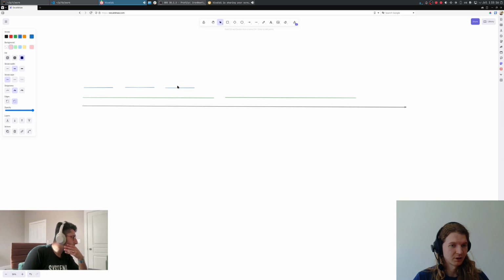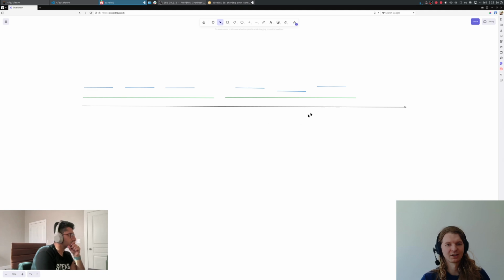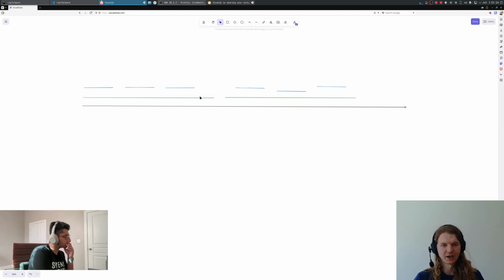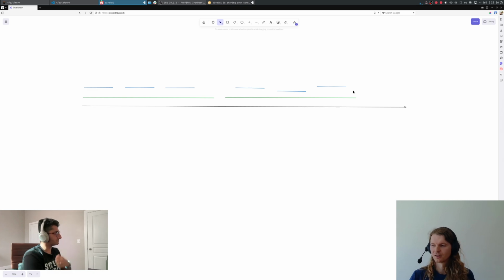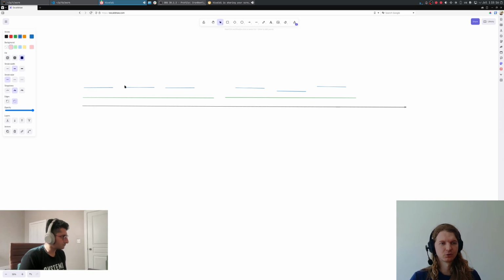So we have a picture which looks roughly like this. We have this black arrow of time, then we have these green checkpoints, and then we have blue compaction intervals.